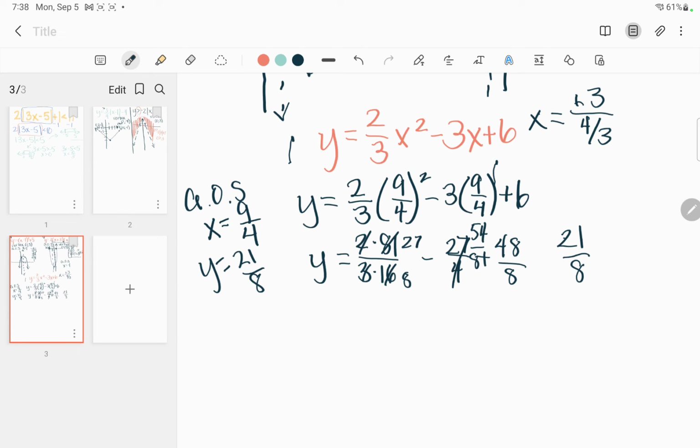And that's approximately 2 6/8, 2 5/8, actually. So when I graph this by hand, it's going to be a little bit under 3. So my vertex 9/4 and 21/8.